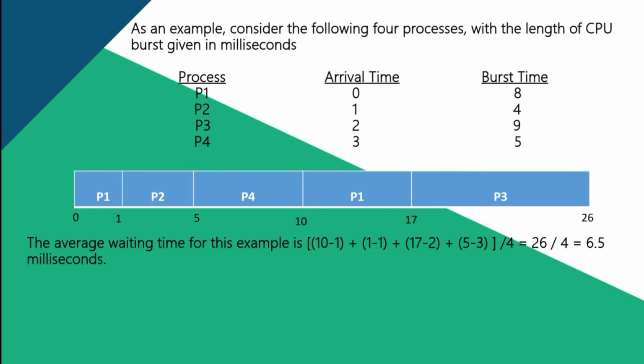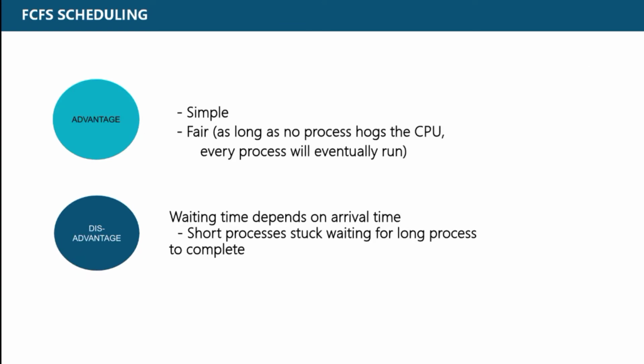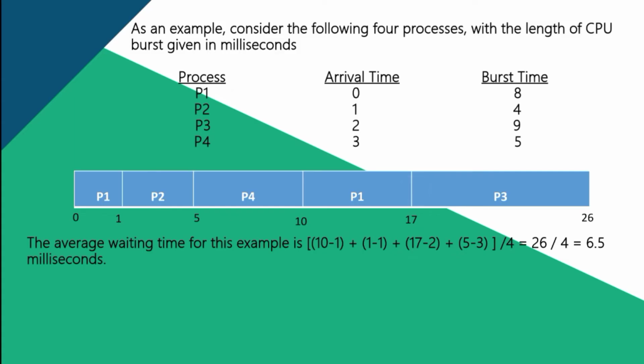Since the arrival time of P3 is 2, it is 17 minus 2 in the equation. And 5 minus 3, because P4 needs only to wait 5 milliseconds, and since its arrival time is 3, it is 5 minus 3.